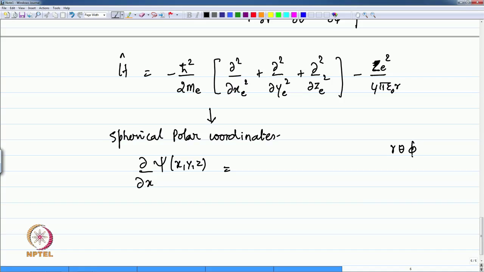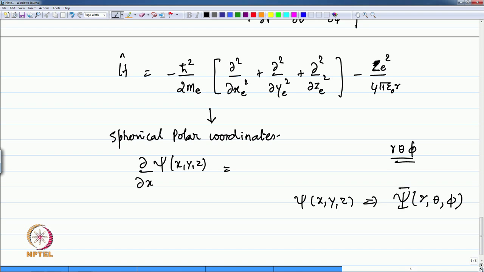If we have to express psi in terms of r theta phi, the derivatives are expressed using the partial derivatives of the coordinates with respect to the new coordinates. So, for example, dou by dou x of psi: if you wanted to write the wave function in polar coordinates, psi of x, y, z is replaced by the corresponding substitution of x, y and z using r theta phi.